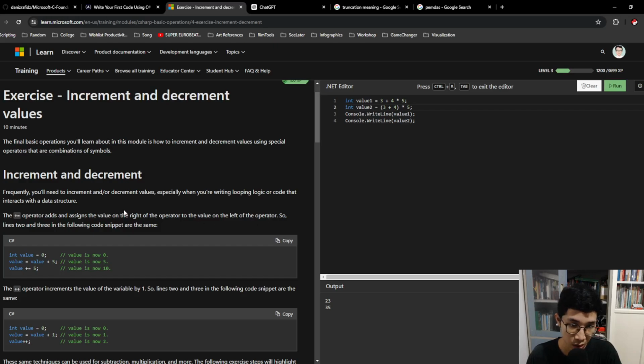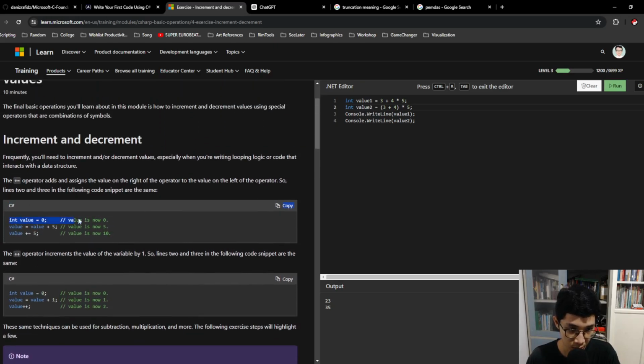Assign the value of the right to the left, as we already learned in day 1 or 2, I think. Assignment is right to left as always. So lines 2 and 3 in the following code snippet are the same. This is the snippet here.